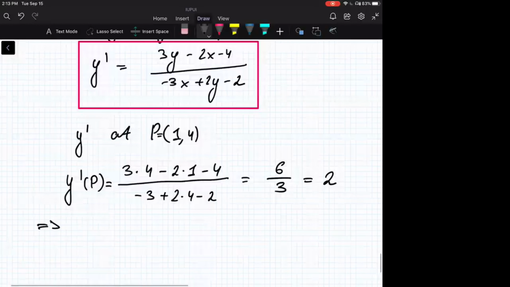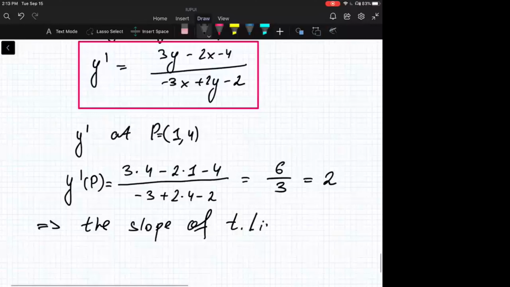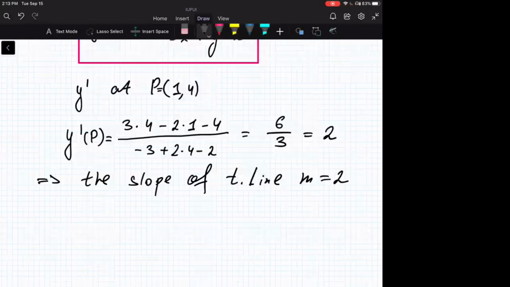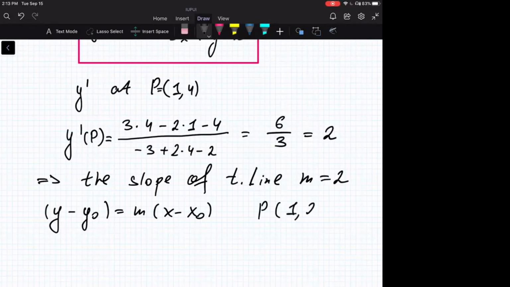So that means that the slope of tangent line M is equal to 2. And again, recall the equation for the straight line: y minus y naught is equal to M times x minus x naught. And our P has coordinates 1, 2.